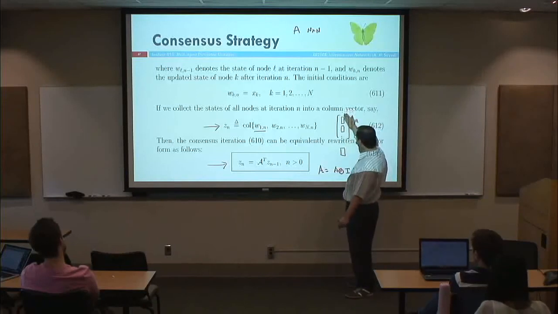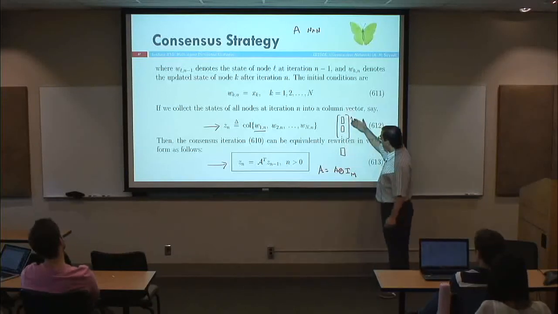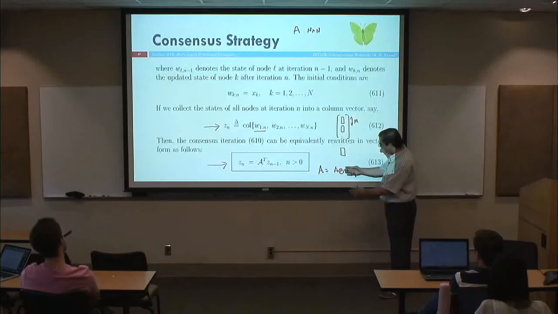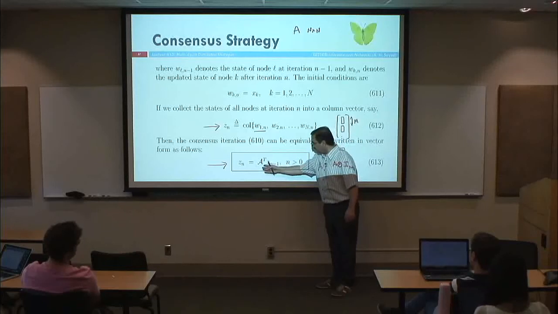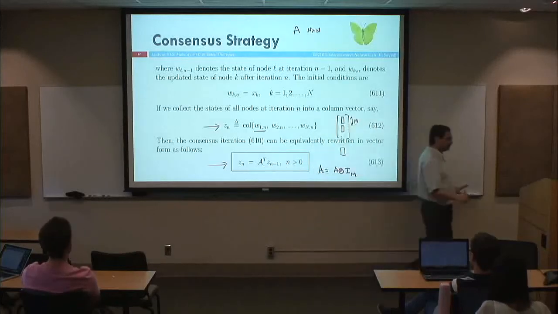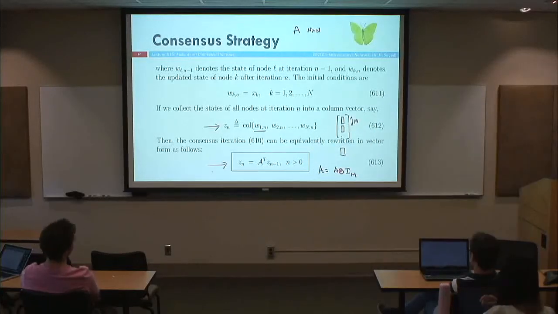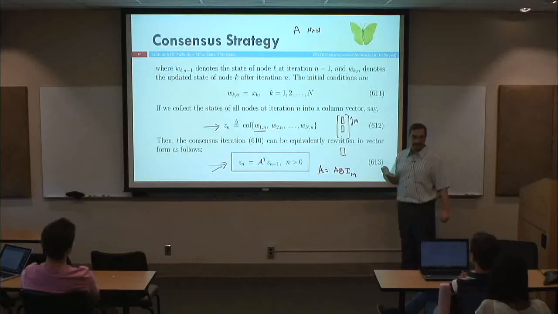Because this is a long vector that has blocks of size m, I have to take each entry of A, this is Kronecker product, and enlarge it to an identity matrix of size m. So A11 becomes a diagonal A11, A12 a diagonal A12. So it becomes A transpose times that. This is the dynamics of my recursion, starting from a fixed initial condition. And now I keep iterating. What do I want to show?